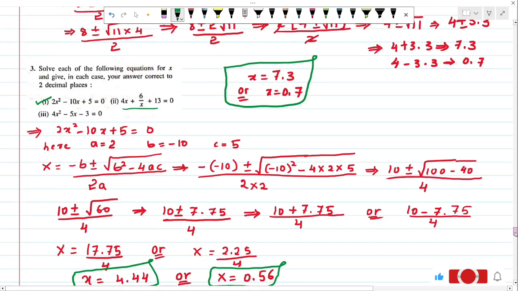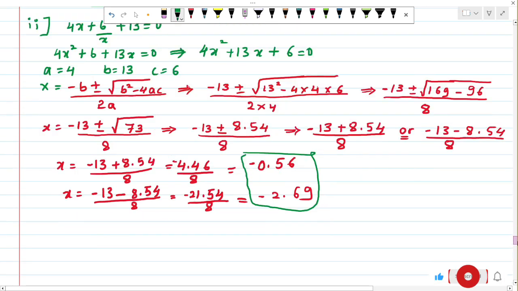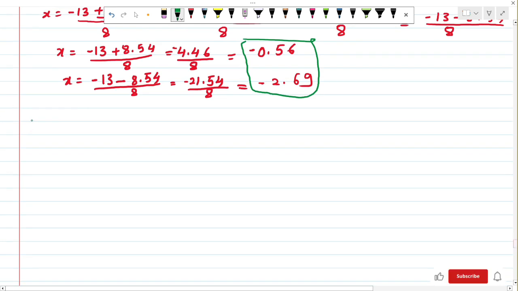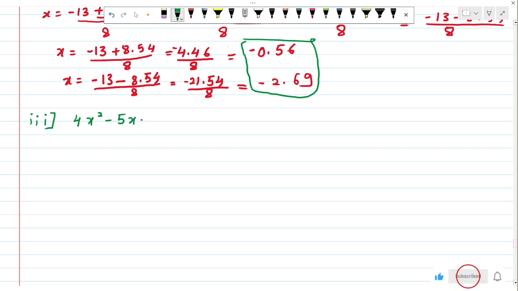So yes, what is the third question here? 4x square minus 5x minus 3 is equals to 0. So I'll write that third question: 4x square minus 5x minus 3 is equals to 0.